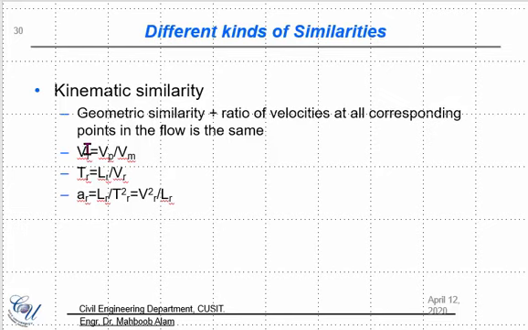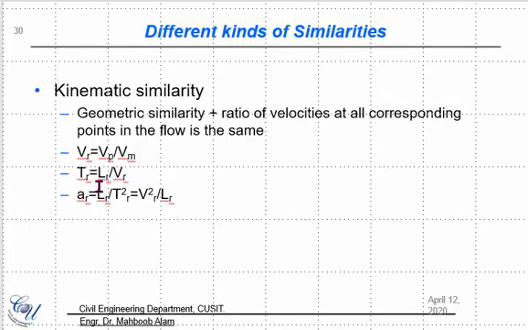Similarly, the time ratio and acceleration ratio can also be calculated in the same way. Length divided by velocity is basically the time. Length is meters, velocity is meter per second. When we divide meter by meter per second, we are left with the second. Second is then the time ratio. So time ratio would be equal to the length ratio divided by the velocity ratio.